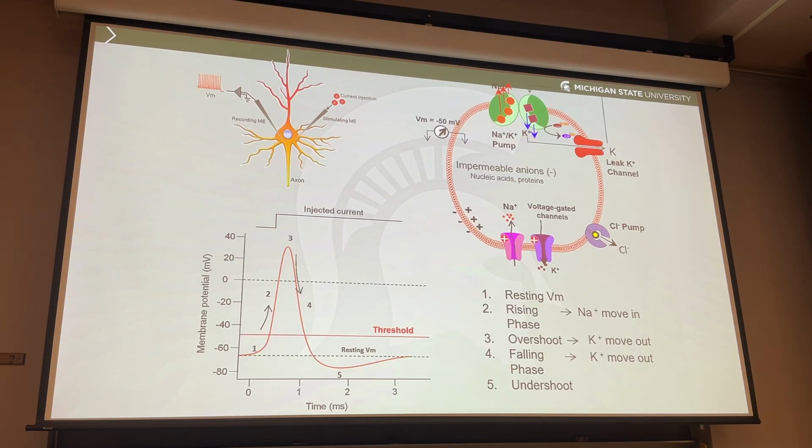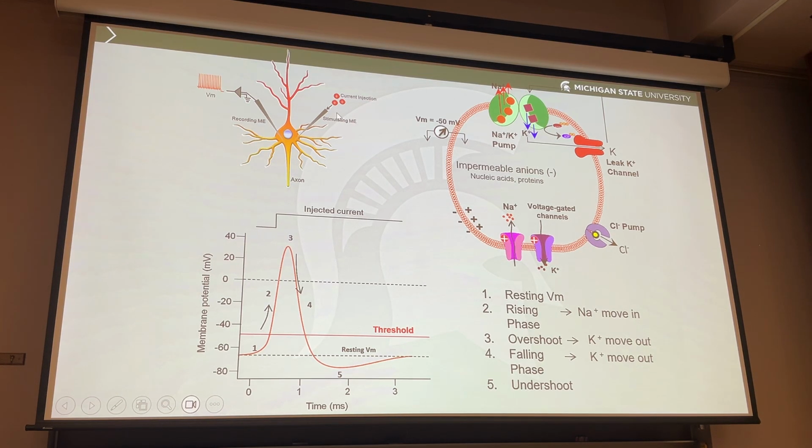But okay, so to look at the action potential itself, we have our neuron, and let's say we have a voltmeter that is showing our membrane potential. But let's stick another electrode into the neuron and stimulate it with a certain current, right?